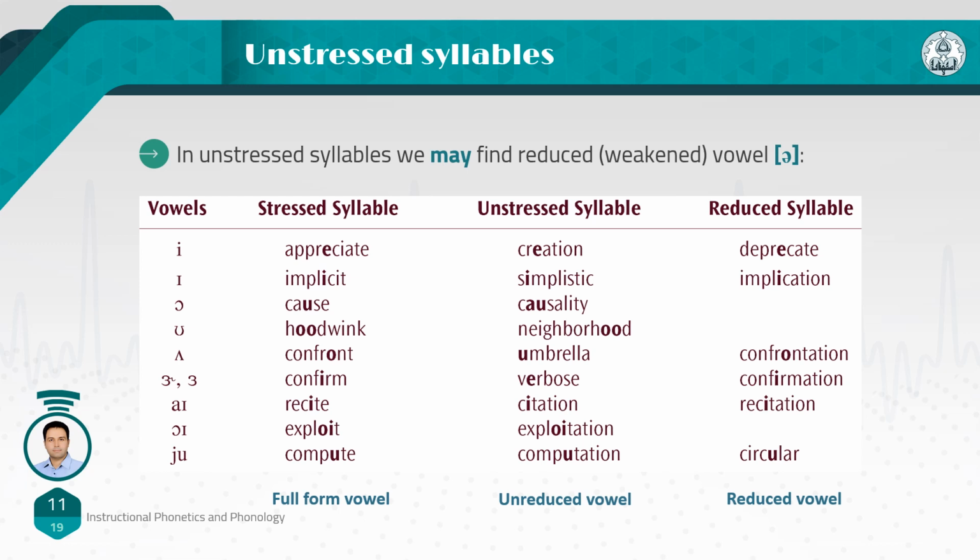In the first column, you see appreciate. Here, if you look at E, you understand that it is located in a stressed syllable, and you hear the full form of E. Now, look at the third column, the unstressed syllable one.